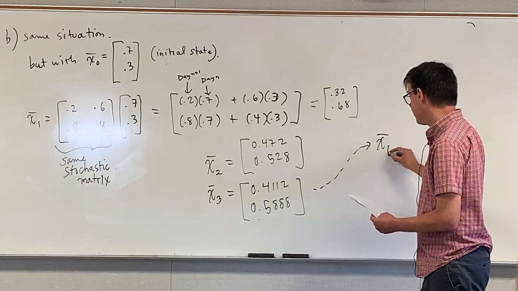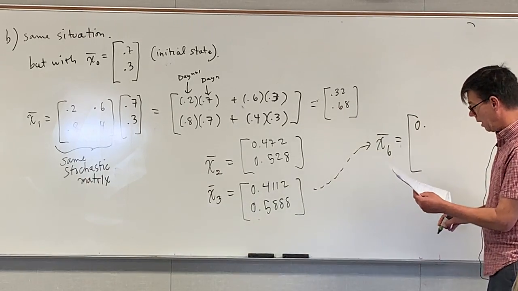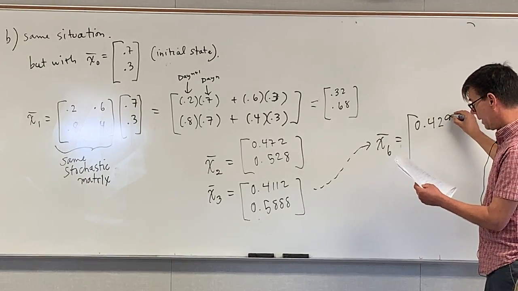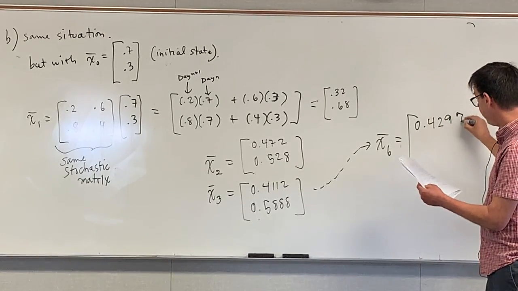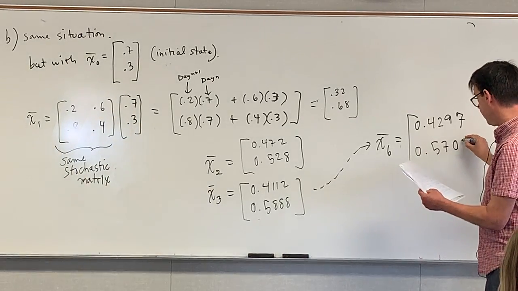I'll put an x6 value down, which is 0.4297, 0.5703.